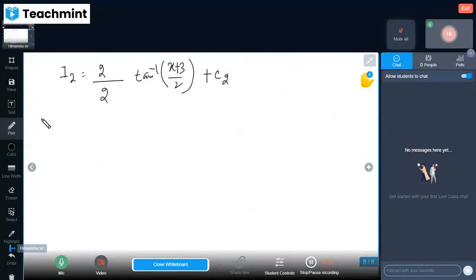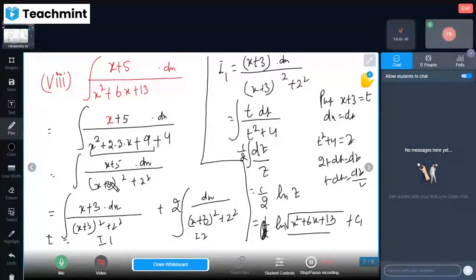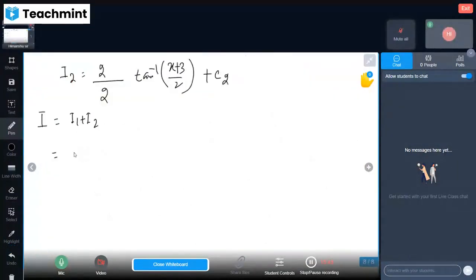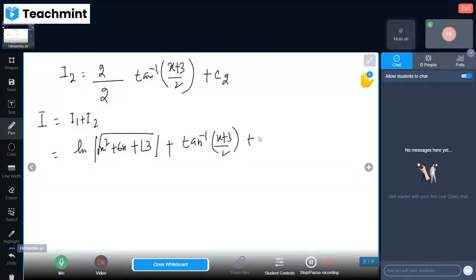So combining these two, I becomes I1 plus I2. What does it mean? I1 means ln of root over x square plus 6x plus 13, with the mod, and this has to be positive, plus tan inverse (x plus 3) by 2 plus c1 plus c2, which can be written as c.